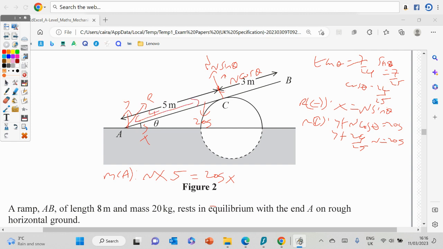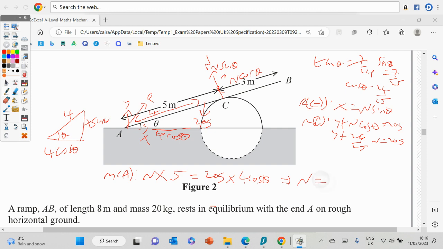And I've got this angle here. So actually, this is just 4 cos theta. If you draw a little diagram like that, and that's theta, and that's 4, then this will be just 4 cos theta, and that'd be 4 sin theta on that side. Okay? So it's 20g times 4 cos theta, which I now have a value for cos theta.